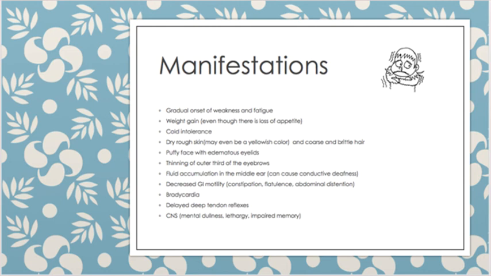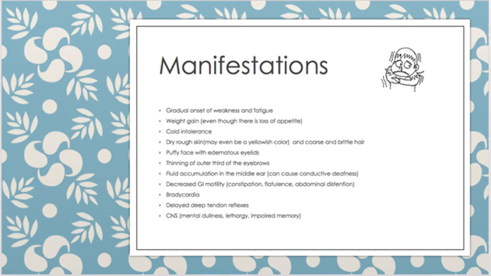Some manifestations of hypothyroidism. I always like to tell people that with hypothyroidism, everything slows down except you gain weight. There's a gradual onset of weakness and fatigue. Weight gain, even though you lose your appetite, you still are gaining weight. Cold intolerance, dry, rough skin, may even be a yellowish color.